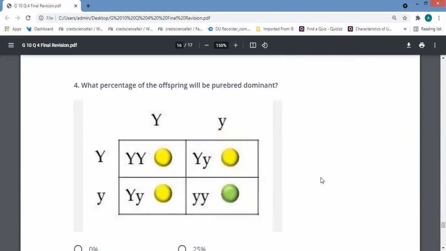Which one? 25%. Right. Purebred dominant must be two capital letters, so just a quarter, or 25%.